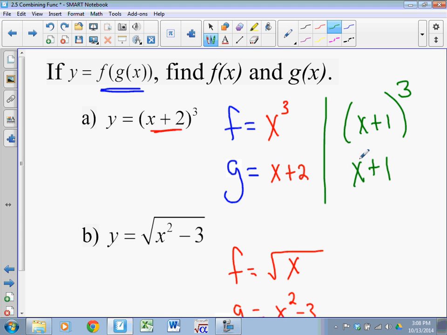So when I substitute x plus 1 in, I get x plus 1 plus 1, which gives me x plus 2. But in some ways, you're just making that more complicated than it needs to be. This is the straightforward one, but there really is more than one answer on many of these.